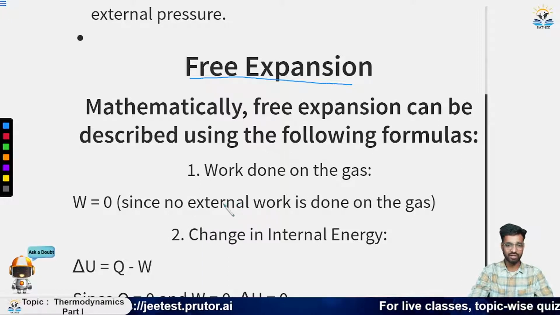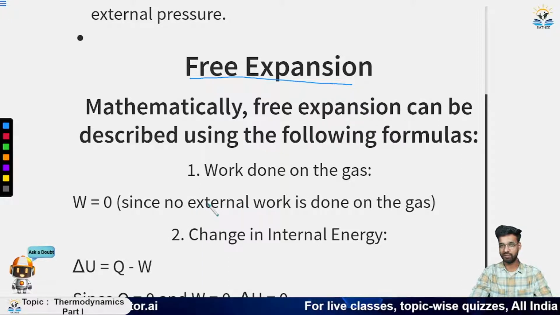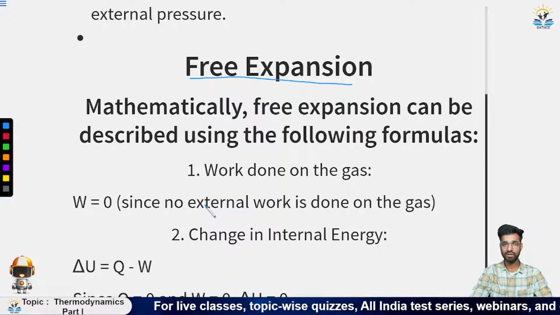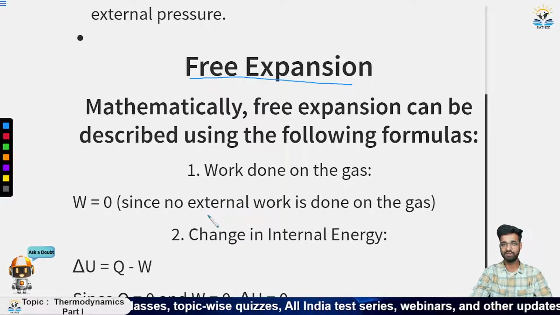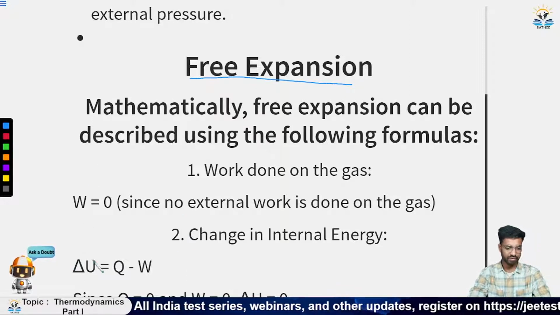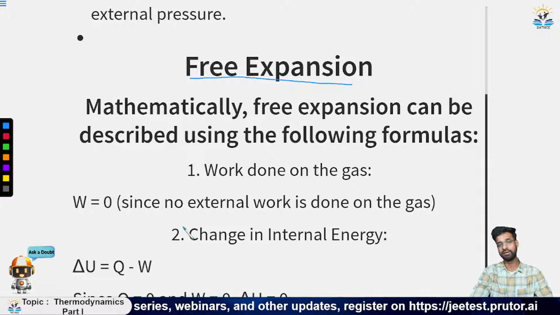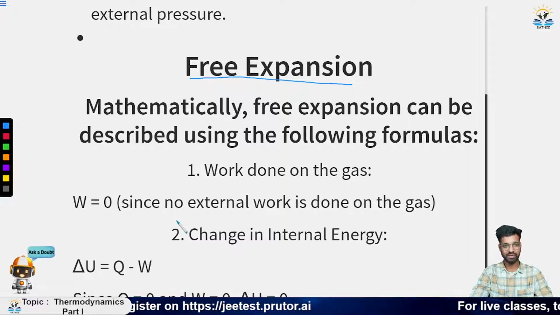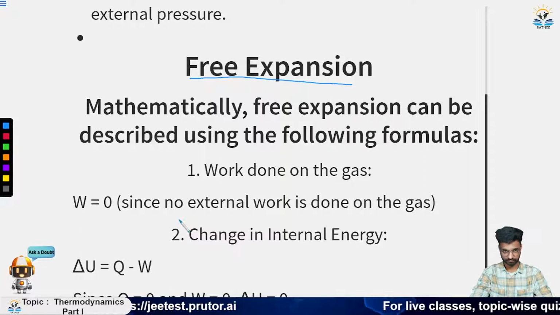Now we know from the formula that work done is equal to minus P external delta V. Since P external is zero, the work done will also be zero. Now if you move to delta U, it is found experimentally that the change in temperature is also zero.